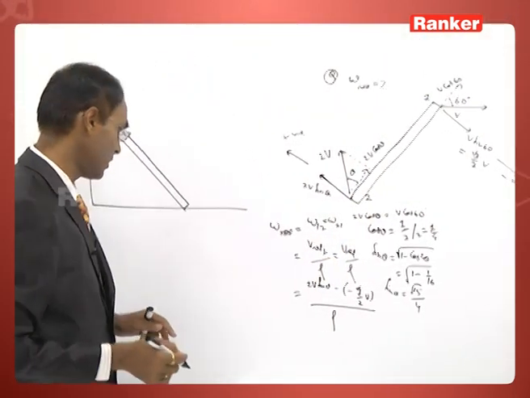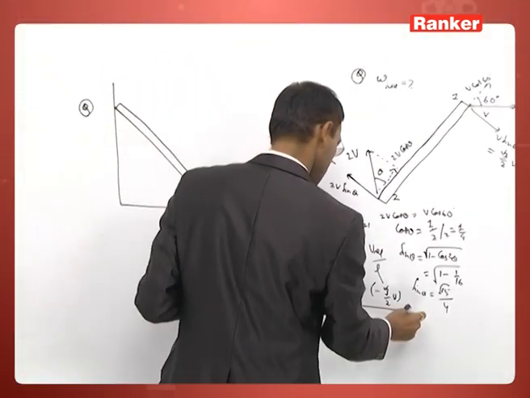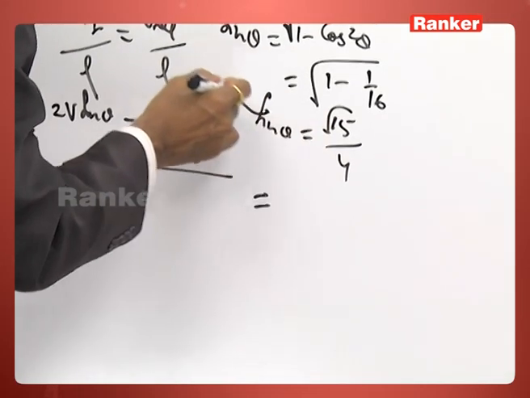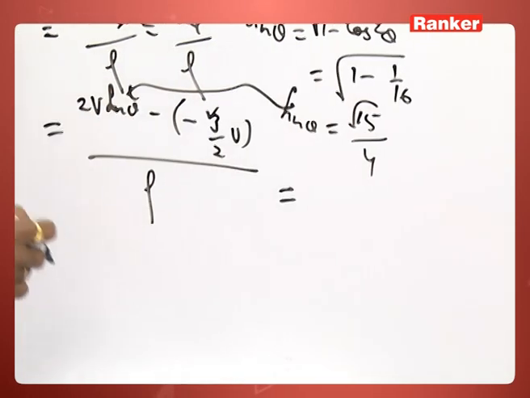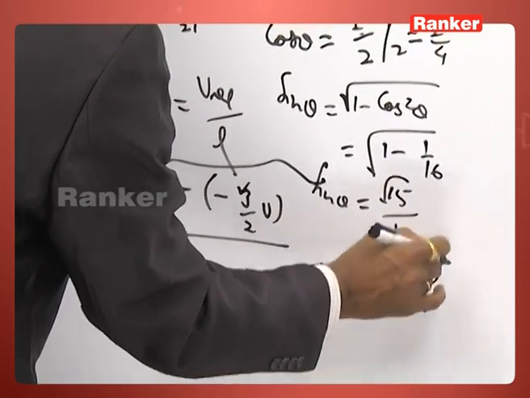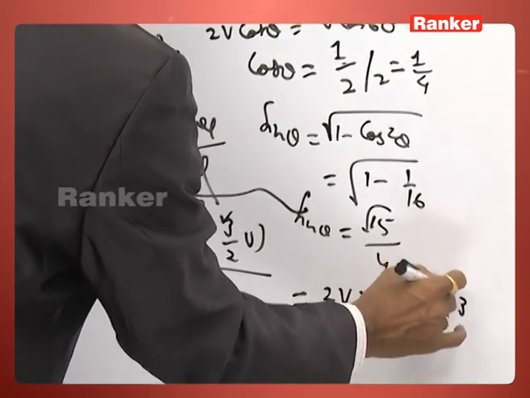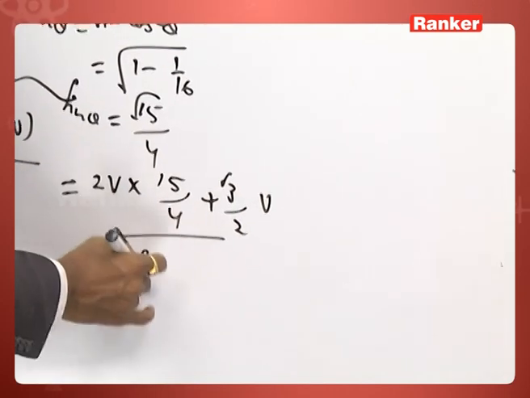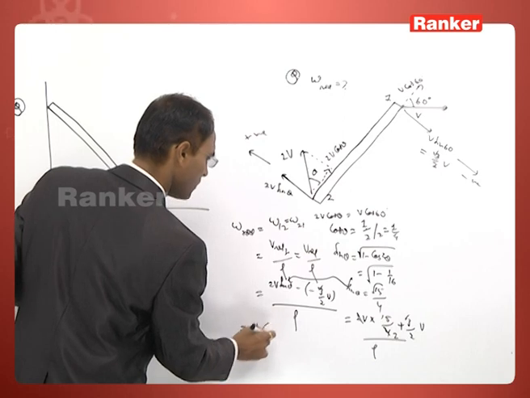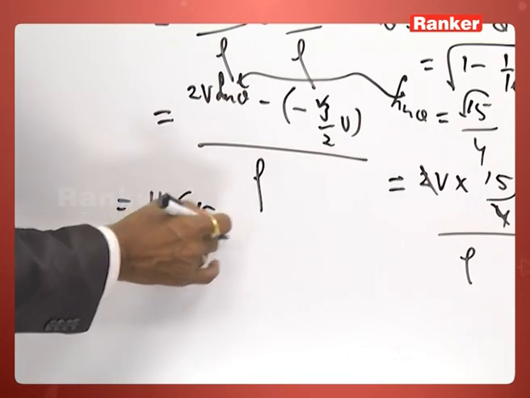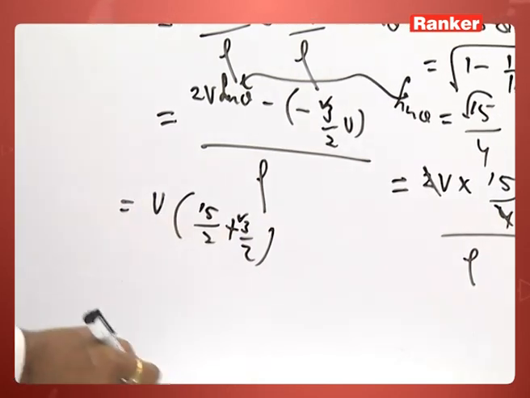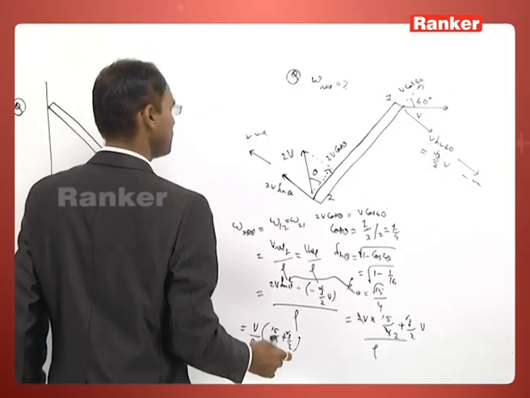That's the idea. So you are getting minus plus, that is 2v sin theta, and the sin theta value you have to substitute here. 2v into root 15 by 4 plus root 3 by 2 v, by L. So it will come v root 15 by 2 plus root 3 by 2, by L. In which sense?